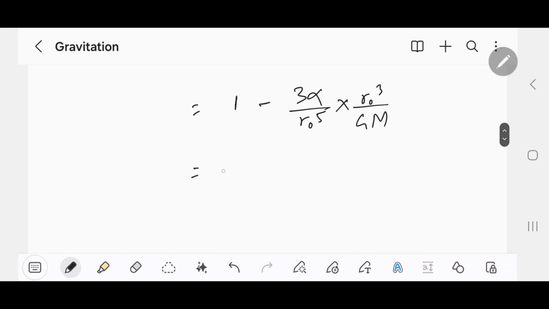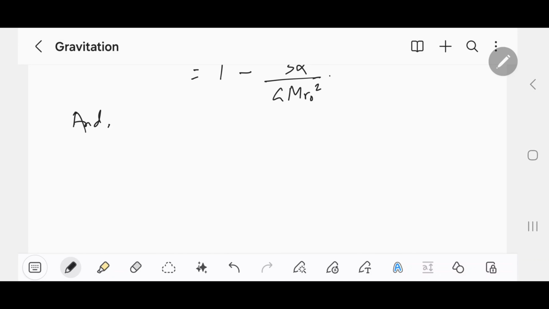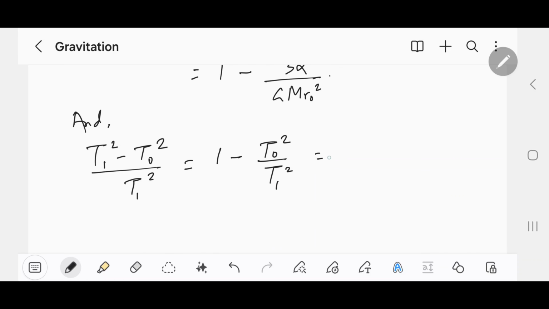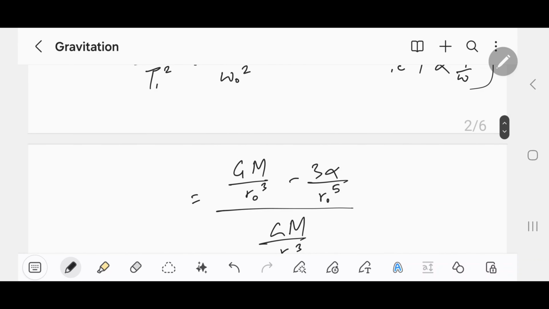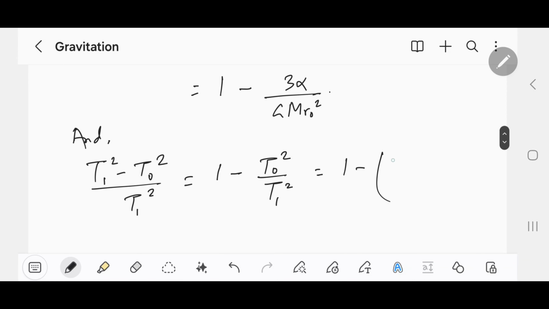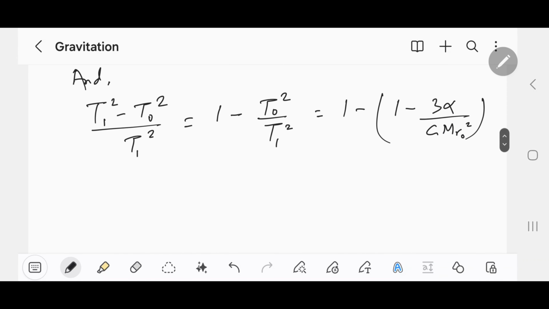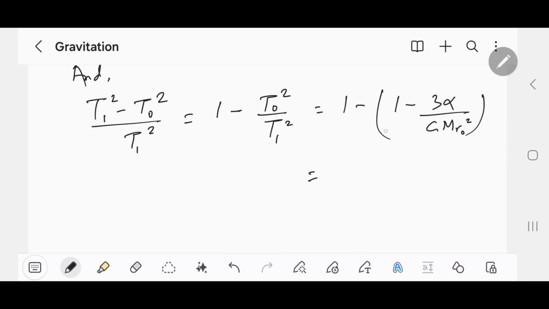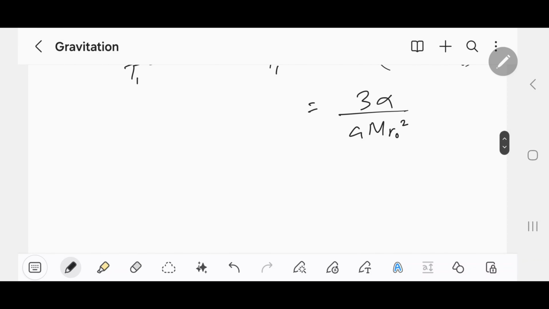So t1 square minus t naught square by t1 square equals 1 minus t naught square by t1 square, which is 1 minus, we have 1 minus 3 alpha by GM r naught square, equals 3 alpha by GM r naught square.